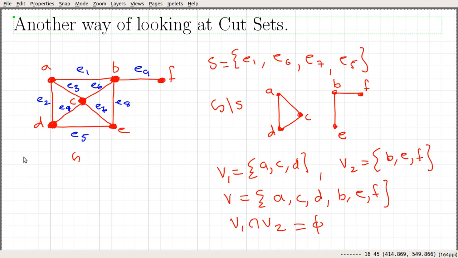So a cut set partitions the vertex set. Partition means that when we take the union, we get the entire set, and when we take the intersection of those two sets, we get the null set.